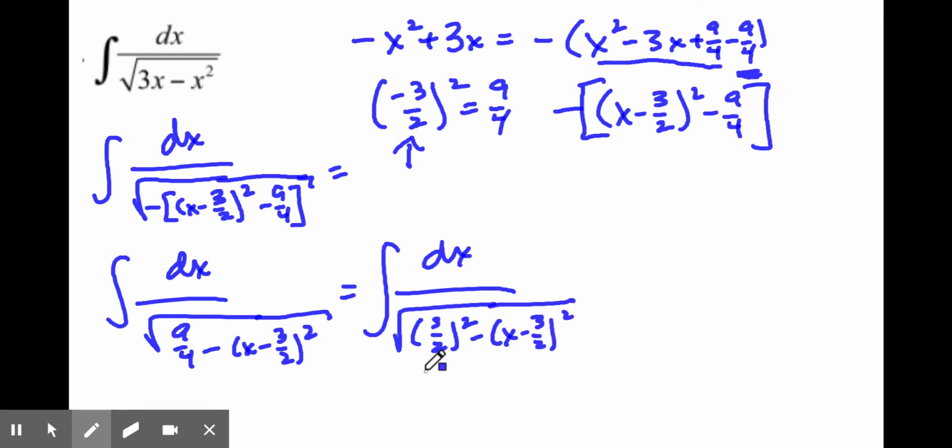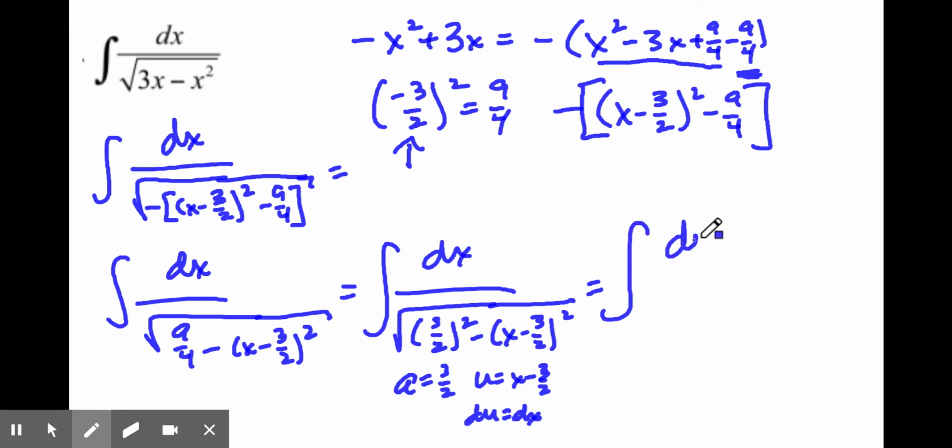So a is going to be 3/2 and u is going to be x minus 3/2. Its derivative is dx, so straight substitution here. We're going to have the integral of du over radical 3/2 squared minus u squared.